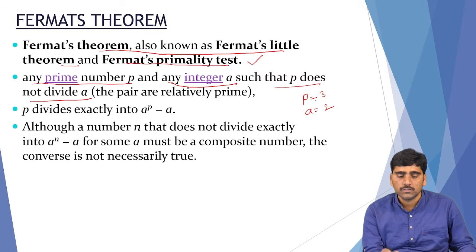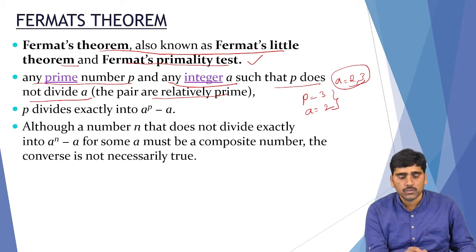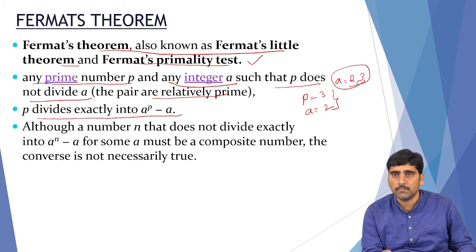So p does not divide a. The pair are relatively prime, as we know that 2 and 3 are pairwise relatively prime. You know that already, right? As well as p divides exactly into a power p minus a.